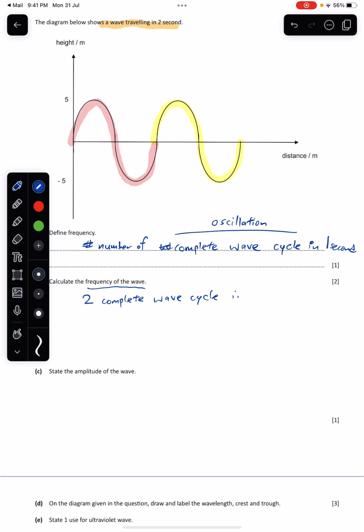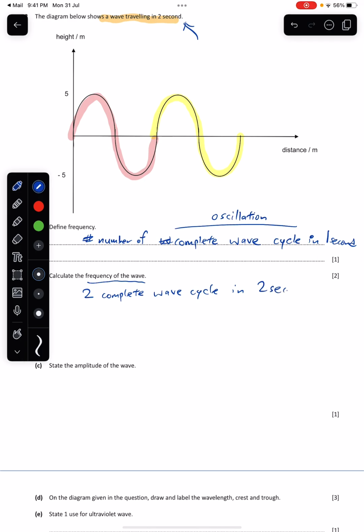Question say already here, 2 complete wave cycle in 2 seconds. Then you see, what is frequency? Frequency is 1 second. So 1 second is actually how many complete wave cycle? 2 wave cycle in 2 seconds, so it's 1 complete wave cycle, which means the frequency is just 1 hertz. Big H, small z.